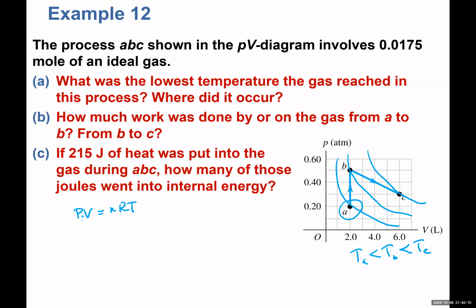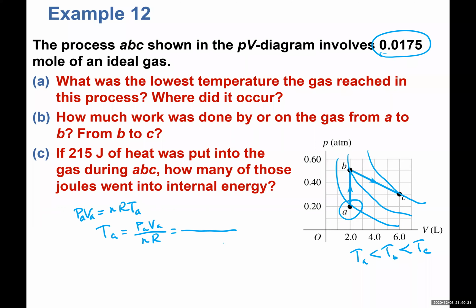And then this is P at A, V at A, and T at A. The number of moles doesn't change going from A to B to C. Then I can rearrange and solve for TA, which will be PA VA over n times R.